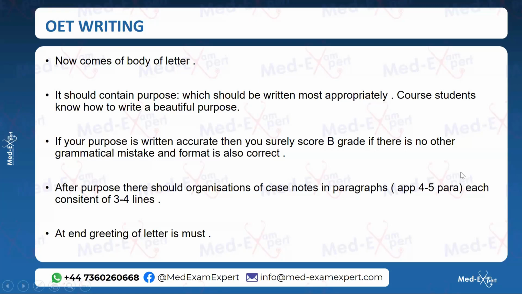So if you write the purpose of the letter very accurately, then even if the letter has some minor grammatical mistakes and some other mistakes as well, you can still pass this exam. I'm telling you these things because I want you to get familiar with the significance of purpose.